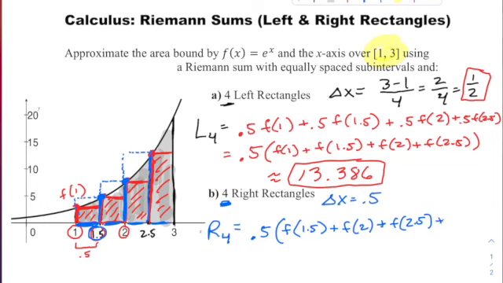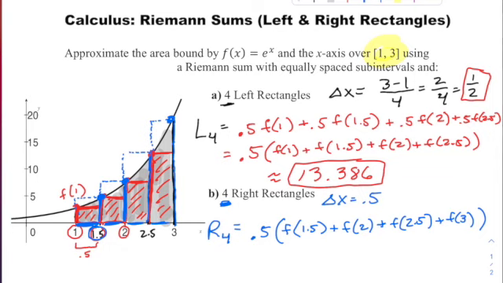And lastly, between 2.5 and 3, you're using f of 3 as your height. So similar to the left setup, when you start with the left, you start with f of 1, 1.5, 2, 2.5, and you leave out 3. You leave out the far right side of the interval. When you do the right, you end up with everything except the far left: 1.5, 2, 2.5, and 3.